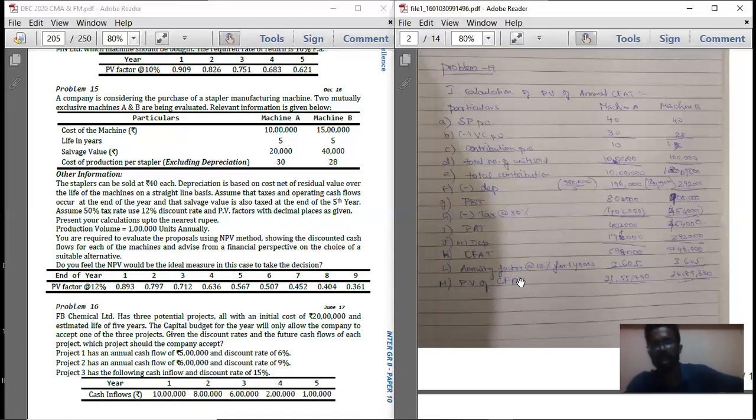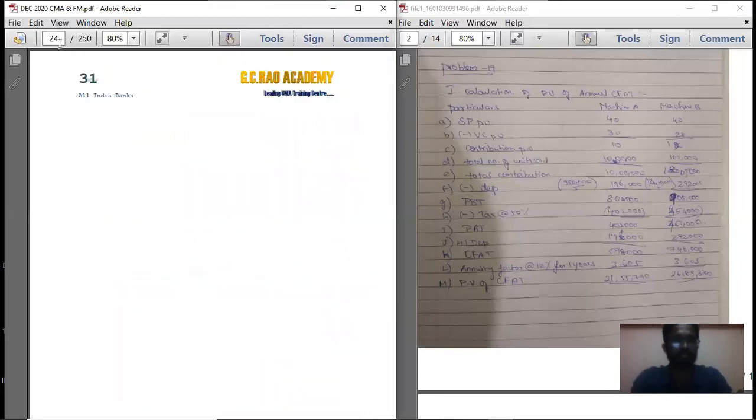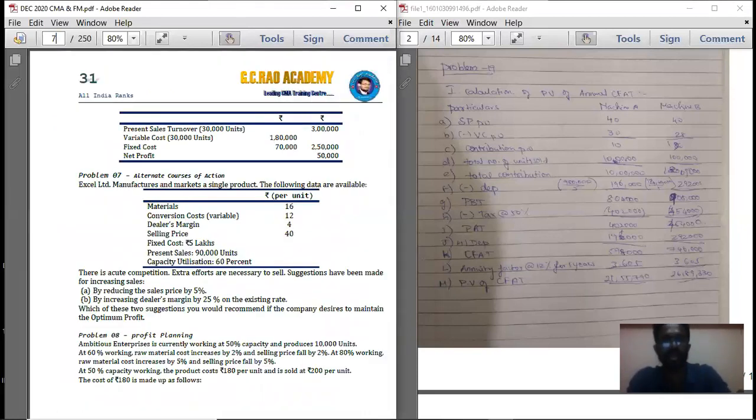So record small l, annuity factor at the rate of 12%, because they have given the discount rate as 12%, for 5 years, as the life of the machinery is 5 years. Now just calculate the annuity factor for 12% for 5 years. You can see the annuity table.